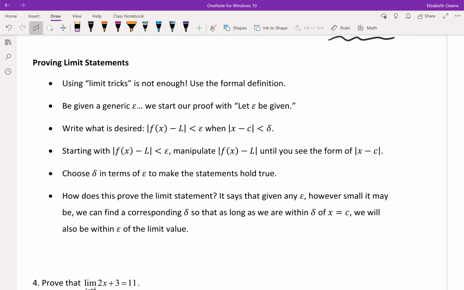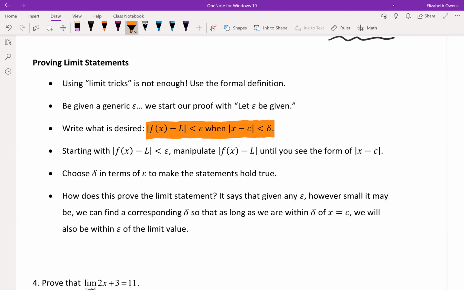And then to start using our formal definition, we're going to essentially write the formal definition. The absolute value of f of x minus L is less than epsilon when the absolute value of x minus c is less than delta. Okay, that is our formal definition of a limit.